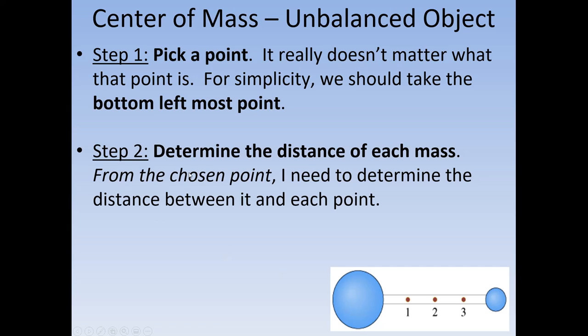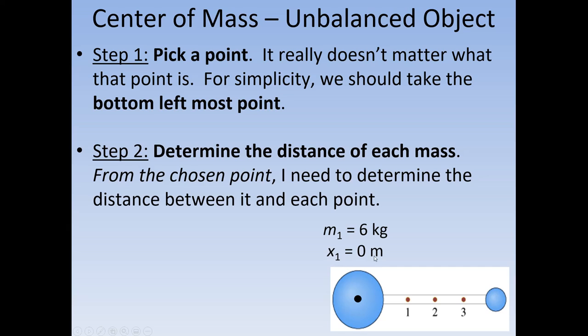And then step two is I'm going to figure out what the distance is of each mass from that center point. For example, I said that for step one, this is the point that I'm picking. This is my reference point. For step two, the 6 kilogram object's center of mass is actually right at the point that I'm picking.